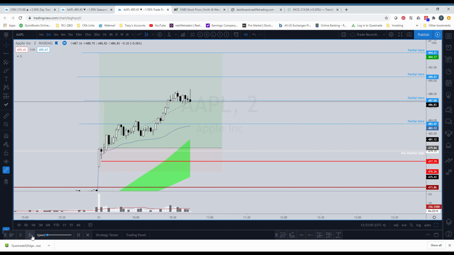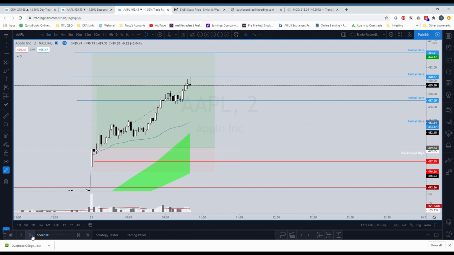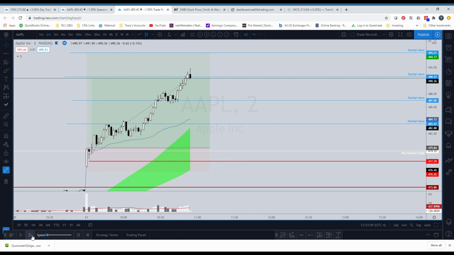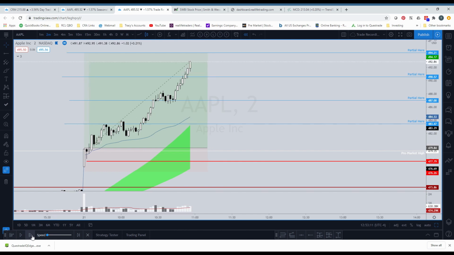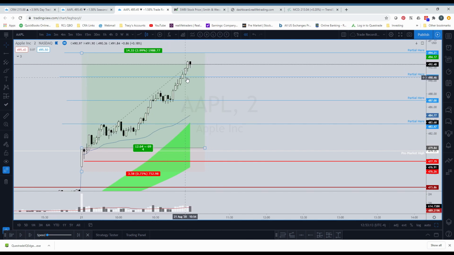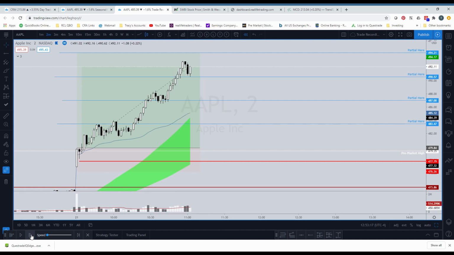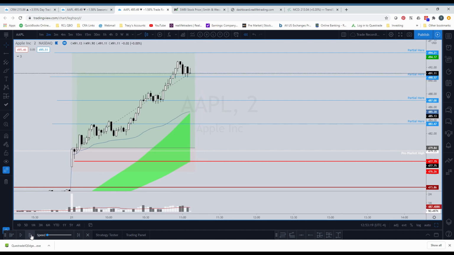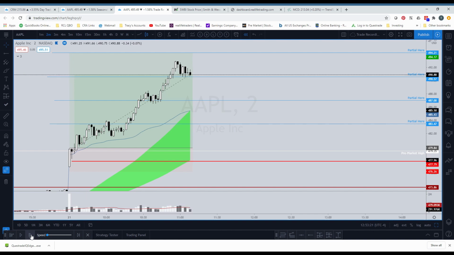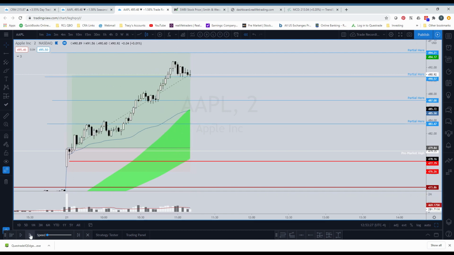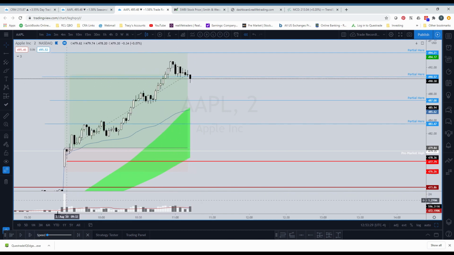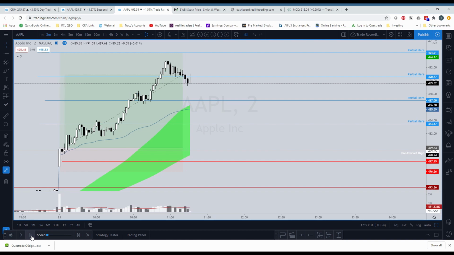Like I said, this was a really strong move. My third partial was taken there, by the way. Now, we've got a little bit of a pennant happening here, and what happens is it starts to break down a little bit.